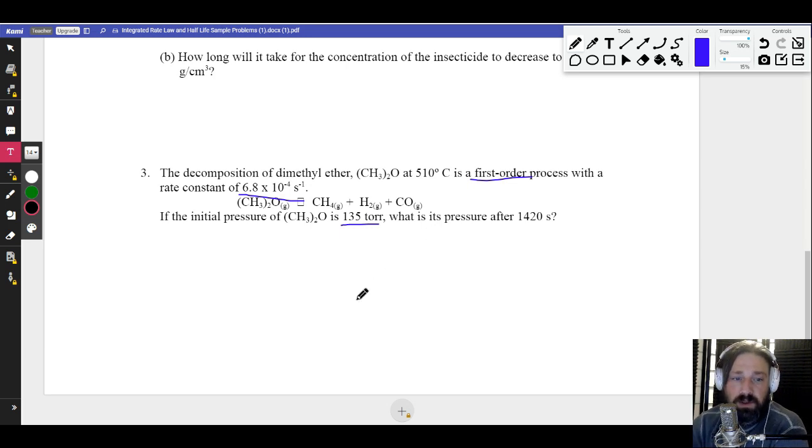We know it's first order, so we're going to be using the natural log version of this. And we can actually use torr in this. Anything that can go directly into moles, you can do torr. Straight mass is not going to cut it, but density you can use that. So yeah, we can just use torr here.